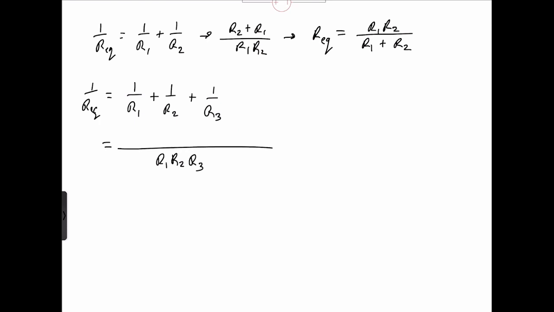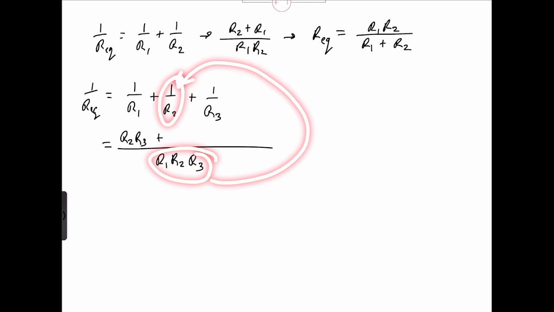Therefore, in this expression, we omit R1 and then get R2, R3, plus, for the second, we omit R2. If you notice, if you put this expression on the top, R2 goes away and we're left with R1 and R3.